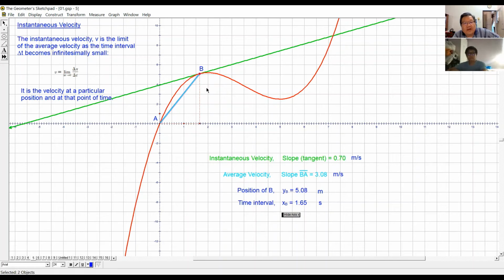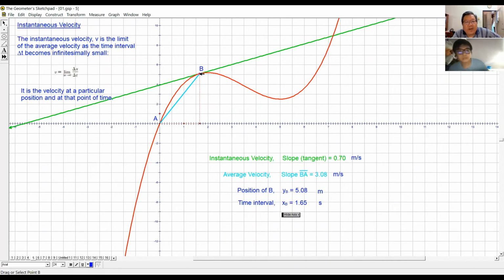It is the slope of the green line which touches the curve at the point B. The gradient of the green line is the instantaneous velocity at the point B.